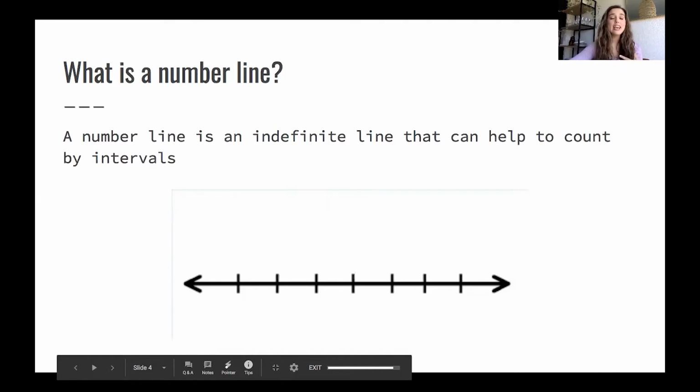You can number it in different intervals in so many different ways. 5s, 10s, 3s, 12s, any interval you can think of. So that is what it means when it says an indefinite line, a never-ending line that can help count by intervals. You will choose your interval based on which one makes the most sense for your problem. And I'll show you an example of that as we continue on. So that is what a number line is. Hopefully that makes sense to you.